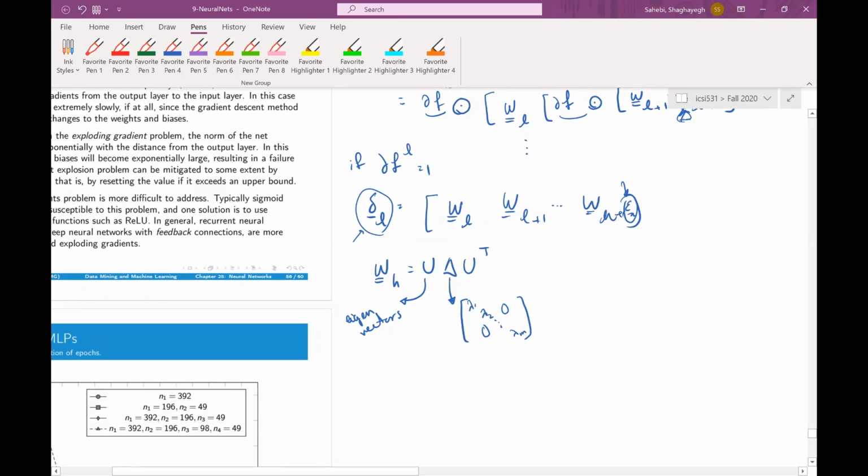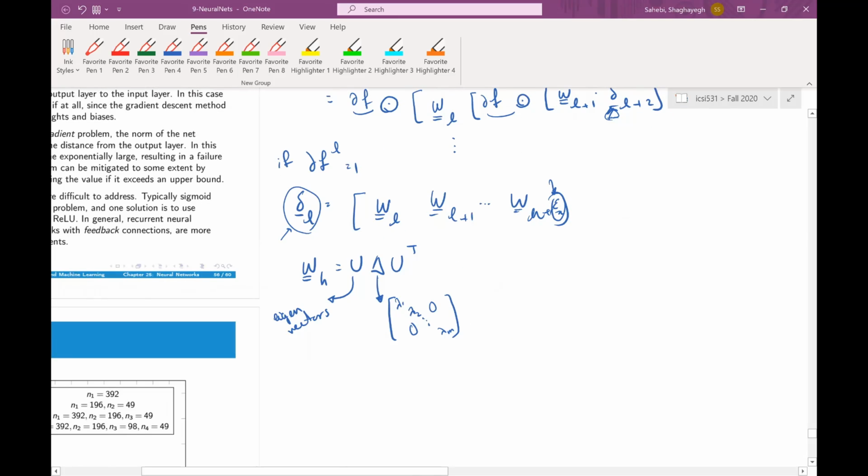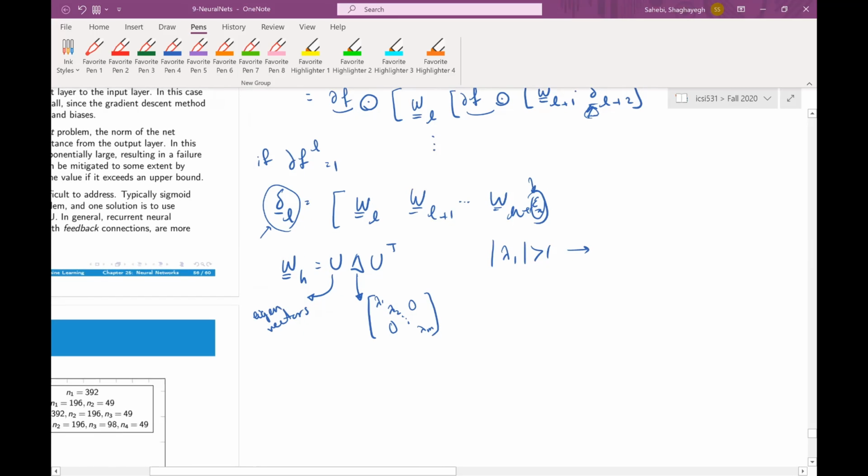Now, if our W is set in a way that the value for lambda 1 is larger than 1, when we multiply our W again and again, we are going to have an explosion happen.